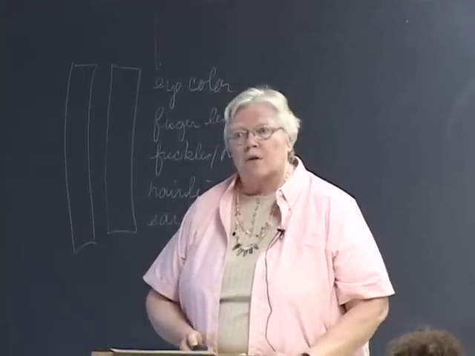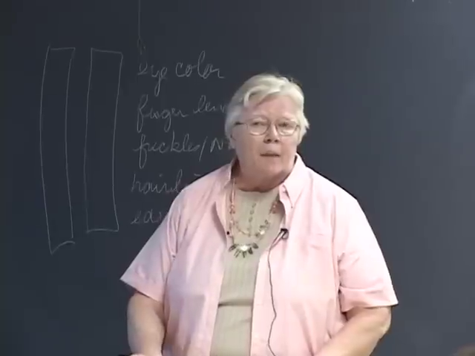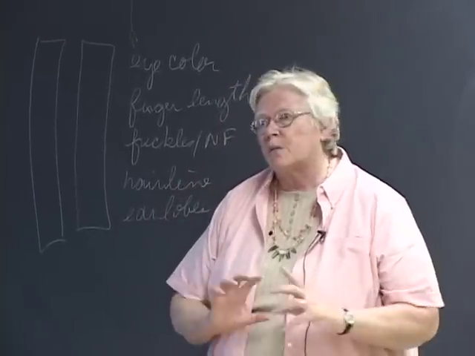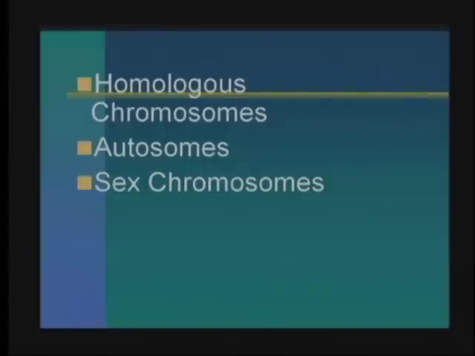When we talk about these 46 chromosomes that we have, they are divided into autosomes and sex chromosomes. In humans, we have 2 sex chromosomes, and they make up 1 pair. And then we have 22 pairs, or 44 autosomes.